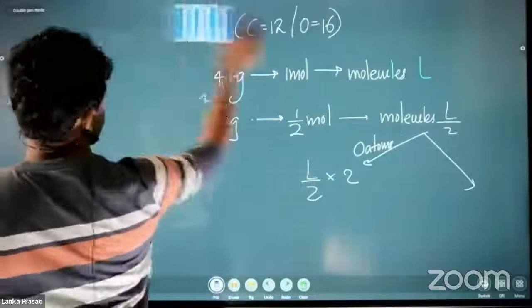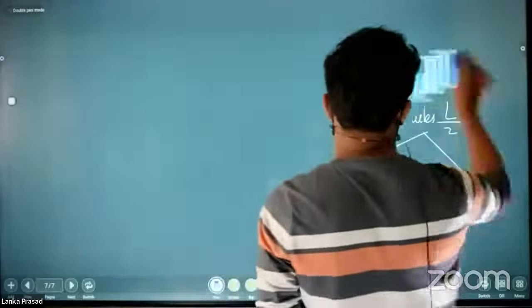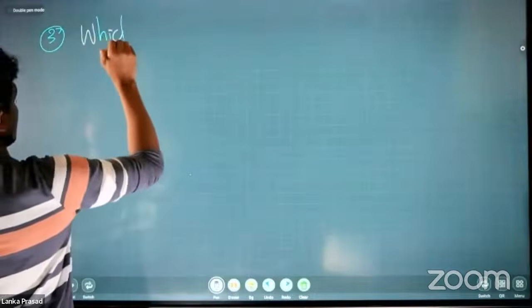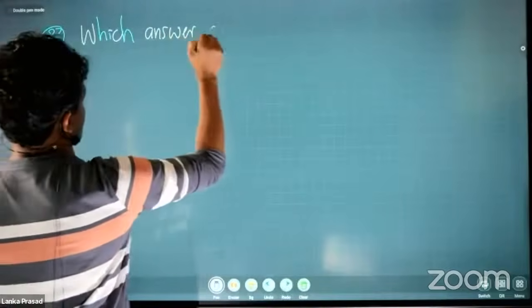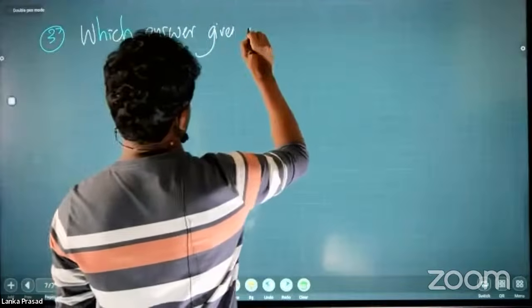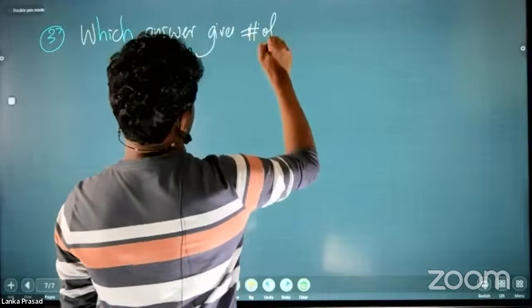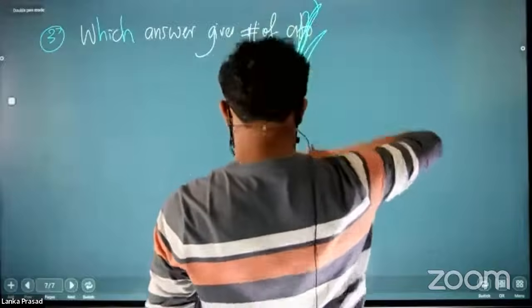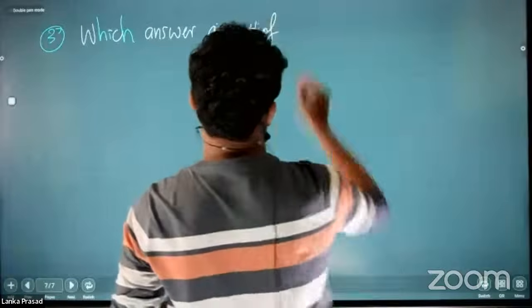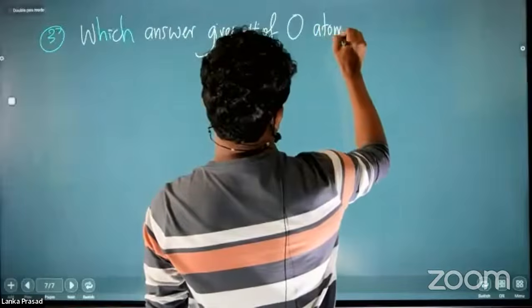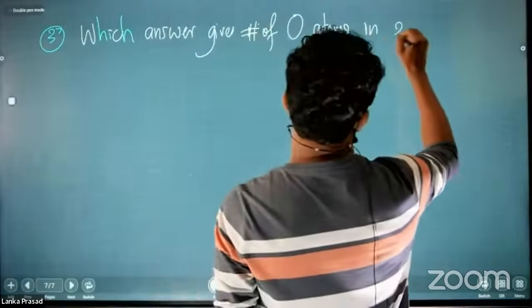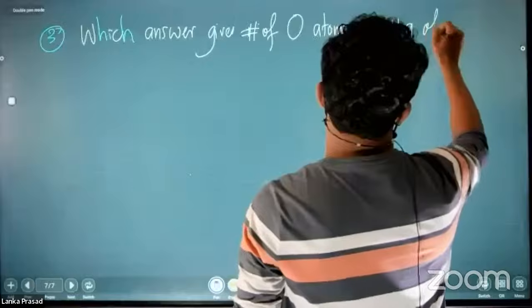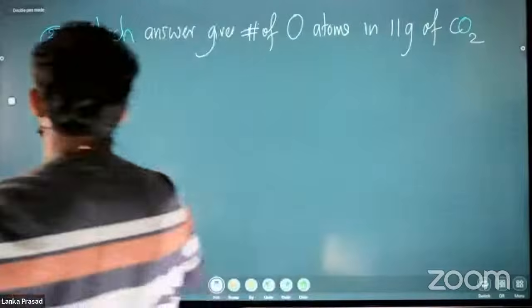Then look at it. Third one. Which answer gives the number of oxygen atoms in 11 gram of carbon dioxide?